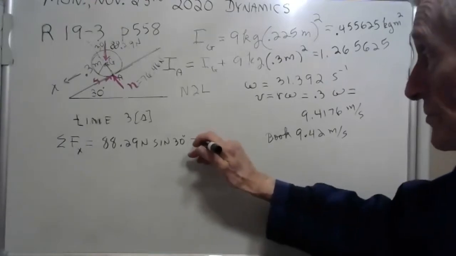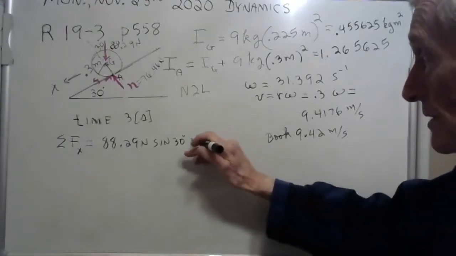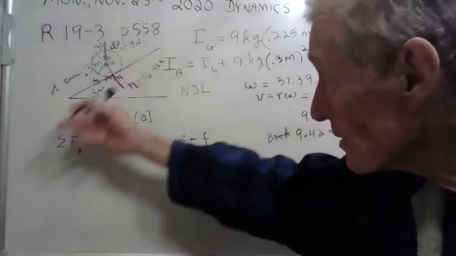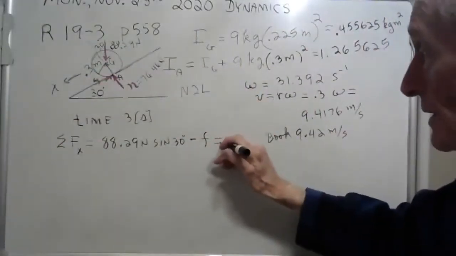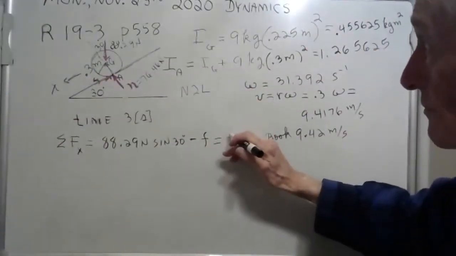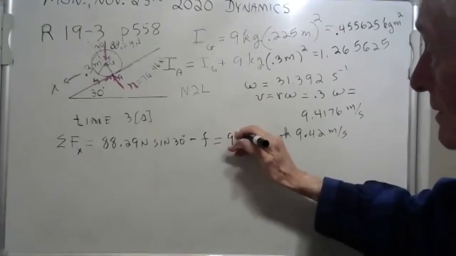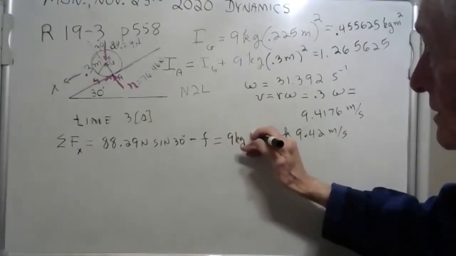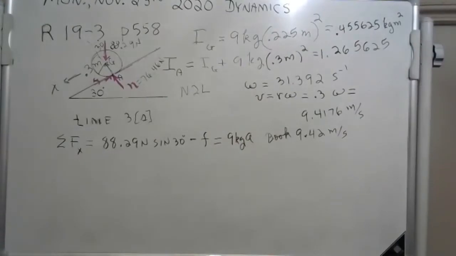But see, you have to subtract the friction because it's not going down the hill, it's going up the hill, equals the mass, 9 kilograms, times acceleration. Well, here's my problem. We don't know the acceleration.